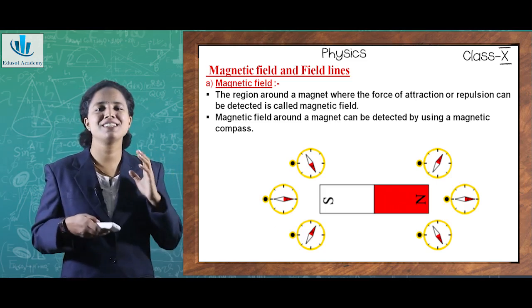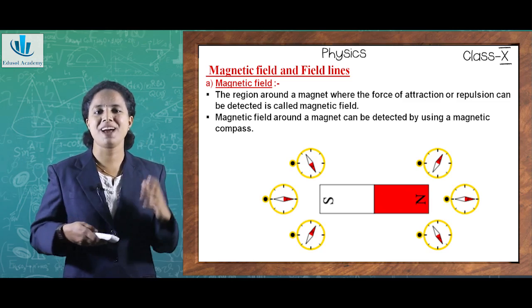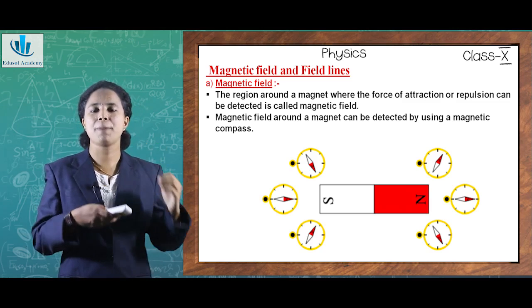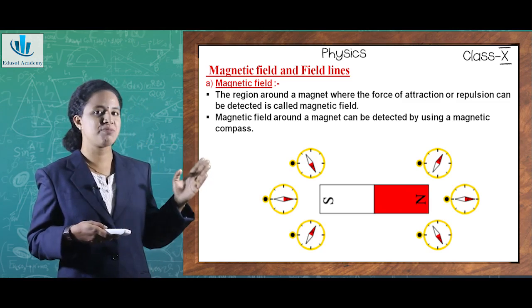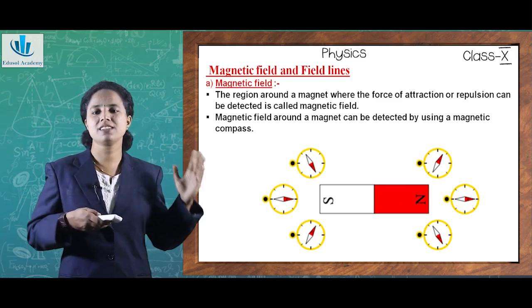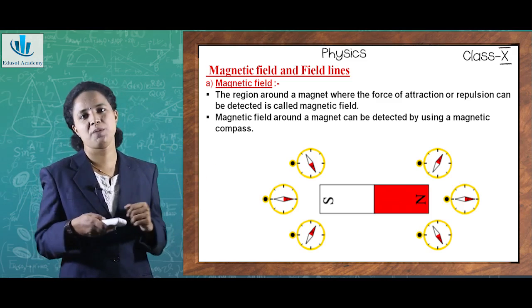The main thing that comes to your mind when we discuss magnets is that magnets attract, isn't it? But how does this property apply to them? You can see in the figure, there is a magnet given. On one side it is shown as North Pole and on the other side as South Pole.